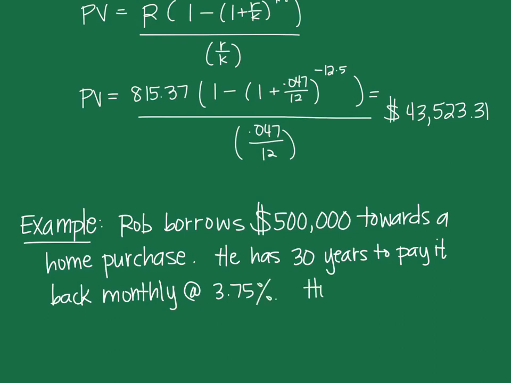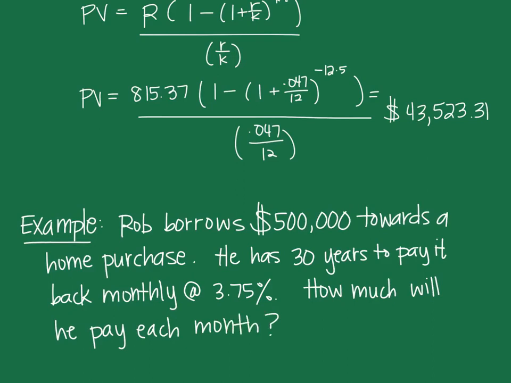How much will he owe each month? All right, so we know the total, but we don't know how much his monthly payment will be. Again, so not his money. Right? He's borrowing this money.